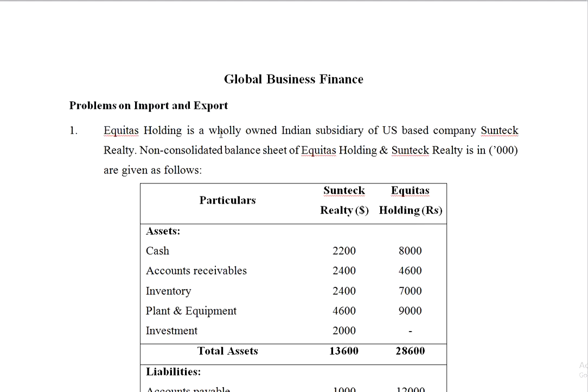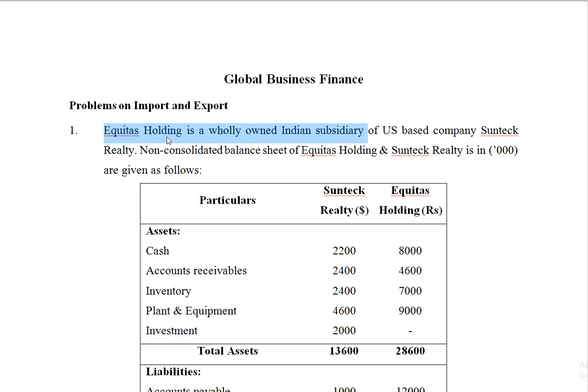Equitas Holding is a wholly owned Indian subsidiary of US based company Suntec Realty. A non-consolidated balance sheet of Equitas Holding and Suntec Realty, given in thousands, is as follows. So before going further, let us understand the basic thing which I have mentioned over here. Equitas Holding is a wholly owned Indian subsidiary, which means it is a branch.